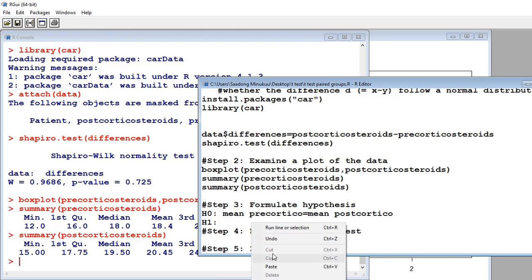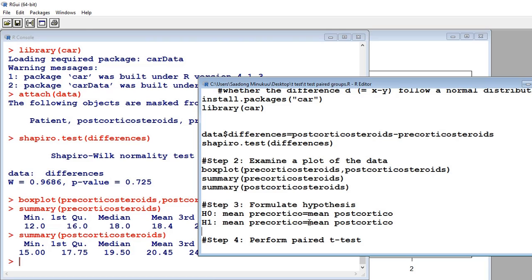So if they are not equal, it's either greater than or less than. You could formulate your hypothesis in whichever way that you want. We could have said that the mean of this is less than this, which means this one will be greater than or equal to, which will be a bilateral test, a two-tailed test.